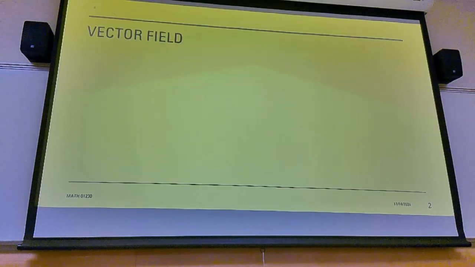Fields are actually a mathematical object that are different than vector fields. There is a branch called field theory. These would be more of the physical fields. And so you have the gravity field, you have electric field, you have a magnetic field. These are all vector fields.